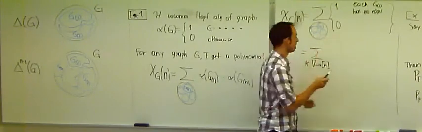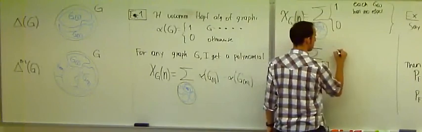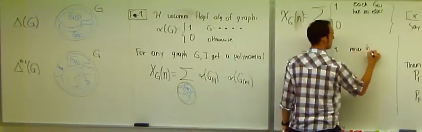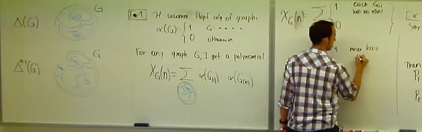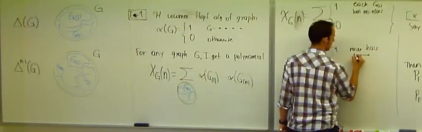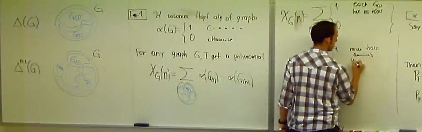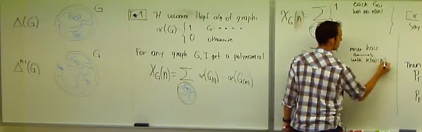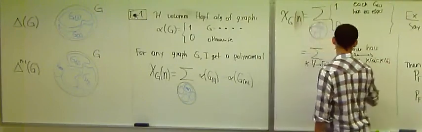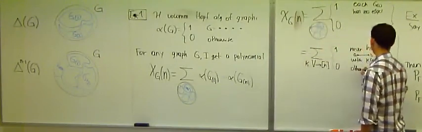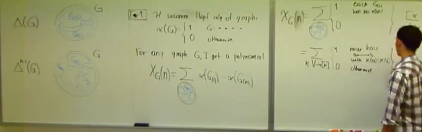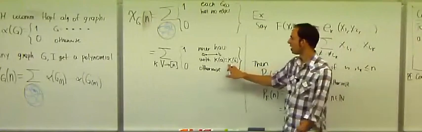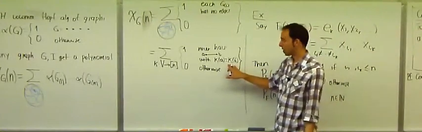Okay. So in other words, this is 1 if you never have, let's say, vertices A and B with the same color, and 0 otherwise. But you see, we gave this a name last time. This is precisely what's called a proper coloring of the graph.